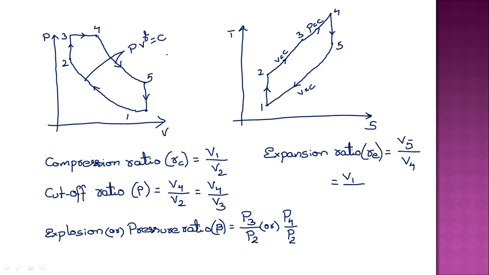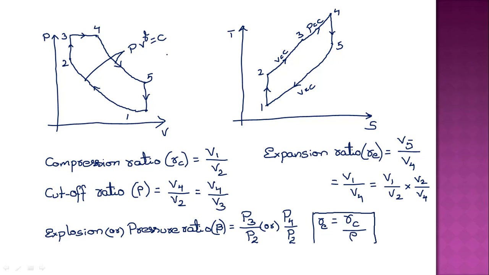So we can write V1 by V4. So if I multiply and divide by V2, we can write like this. And we know that V1 by V2 is compression ratio and V2 by V4 is 1 by rho. So we can write expansion ratio as compression ratio by cutoff ratio. So this is a very important term that we need to remember.